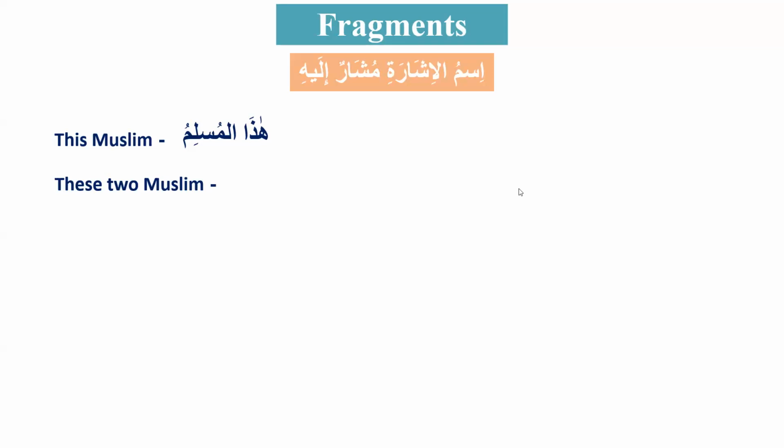Okay, Brother Ahmad. The noon sound will go away and al will be there. Hazan al Muslima. No. You are close. You made it better, but why you may remove the noon from it, brother? Because of al? No, al doesn't. It just moved the tanween. Hazani al Muslimani.